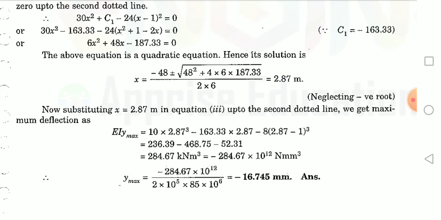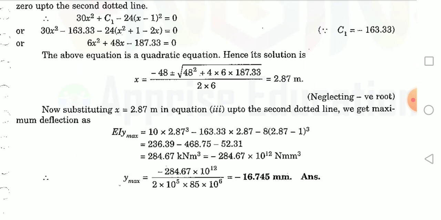So EI Y max equal to 10 into x, that is 2.87 cube, minus C1 163.3 into x, that is 2.87, minus 8 into x minus 1, that is 2.87 minus 1 cube. So we get minus 284.67 into 10 power 12 Newton millimeter cube.